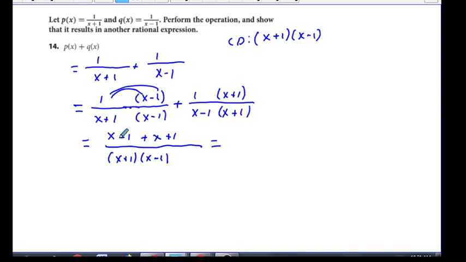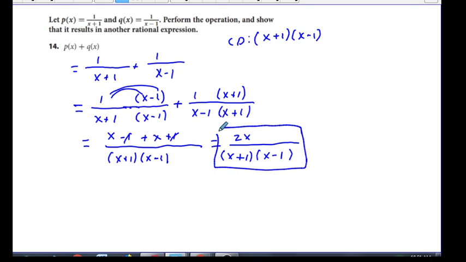That's going to be equal to: negative 1 and 1 cancel out, so we have 2x over x plus 1, x minus 1. And so that's going to be it. Our excluded values: x cannot equal plus or minus 1. Okay, those are the excluded values. If I can spell excluded, that'd be nice.